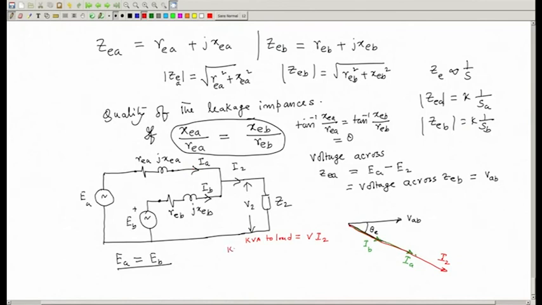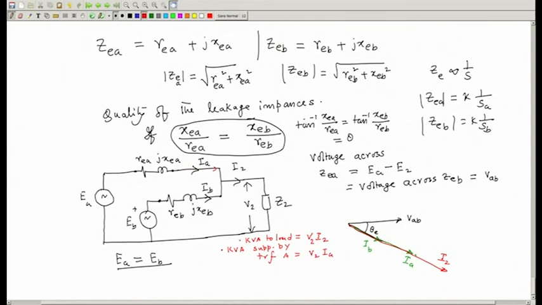The kVA supplied by transformer A will be how much? This voltage is V2, so V2 into IA.